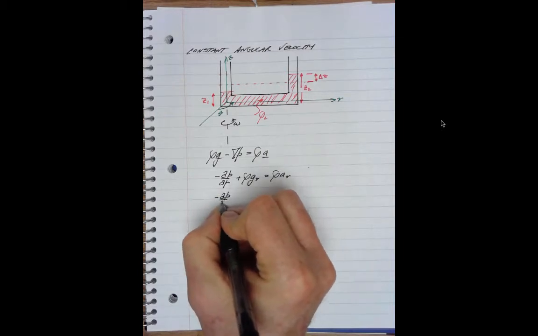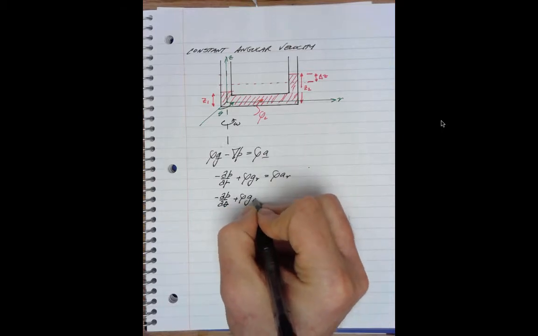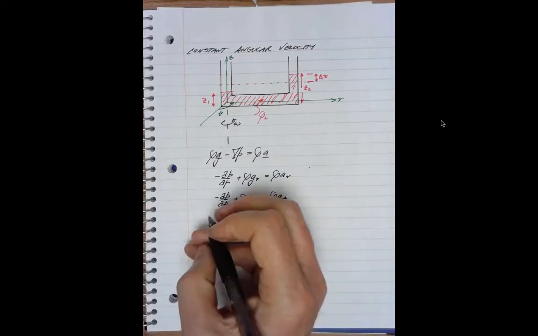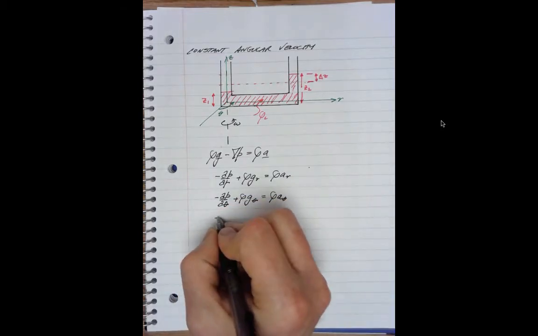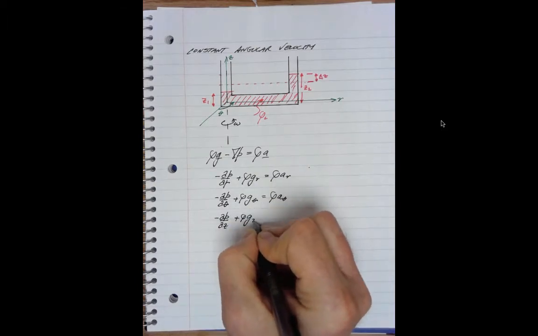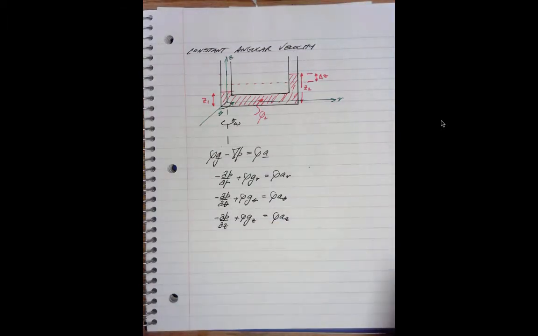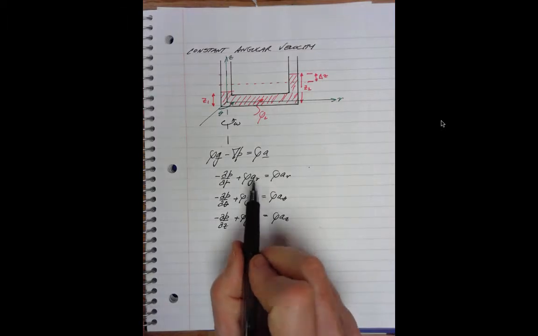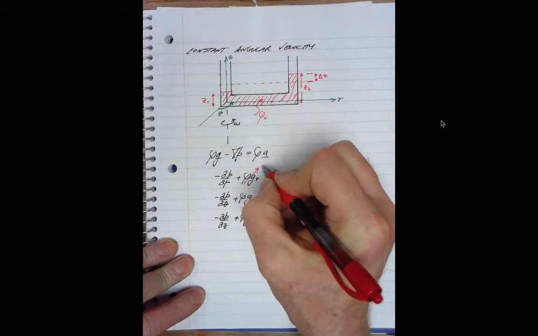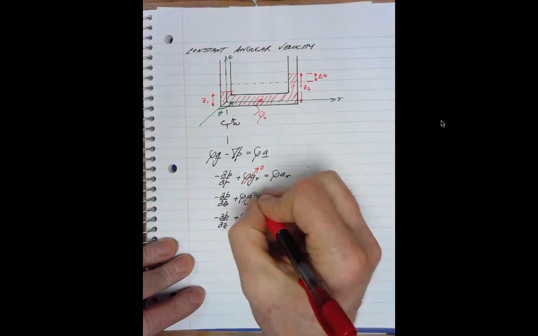Change in pressure with theta plus rho g theta equals rho acceleration theta, and dp dz plus rho g sub z equals rho a sub z. Okay, are there gravitational components in the r direction? That would be no. So that's 0 because gravity acts only in the z-axis. Therefore, that one's also 0.